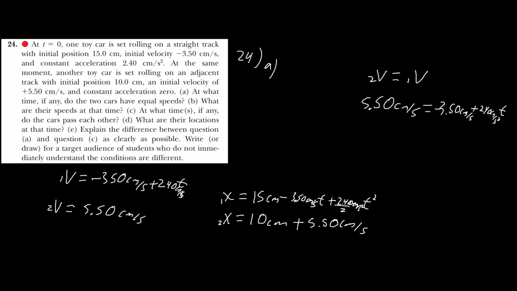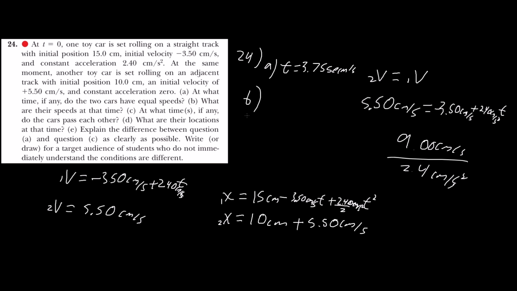So this would be 9.00 centimeters per second divided by 2.4 centimeters per second squared. Let's get that TI-84 calculator. 9 divided by that, is that the time I got? I don't remember anymore. T equals 3.75 seconds. That's the time when the slopes are parallel to each other on the graphs.